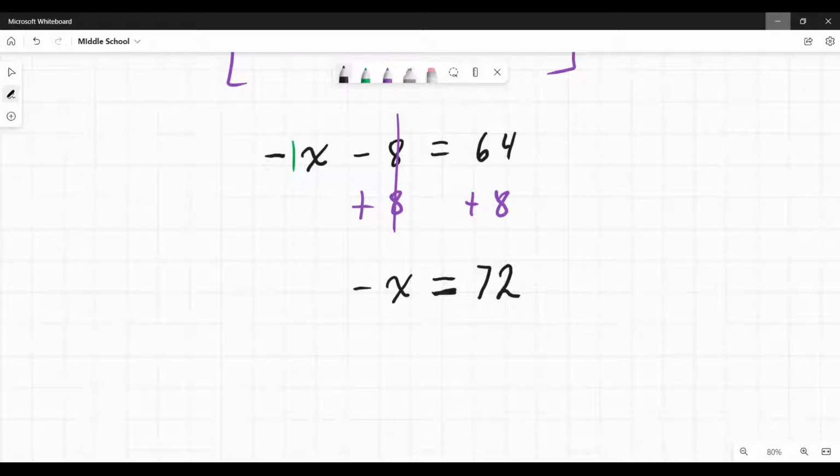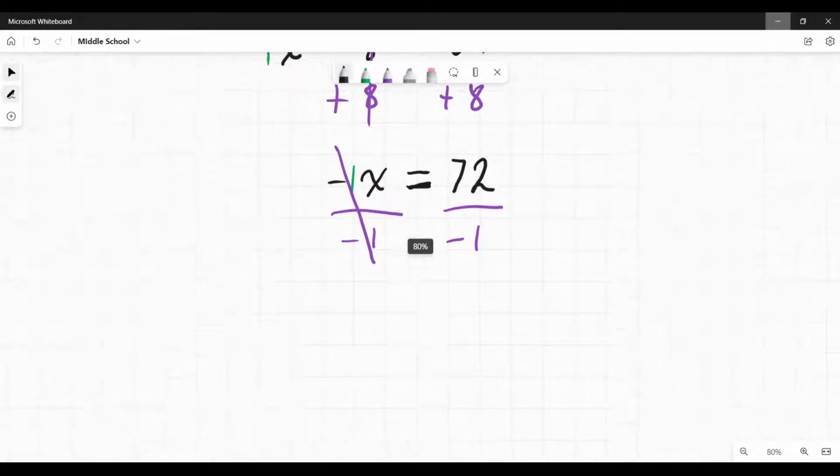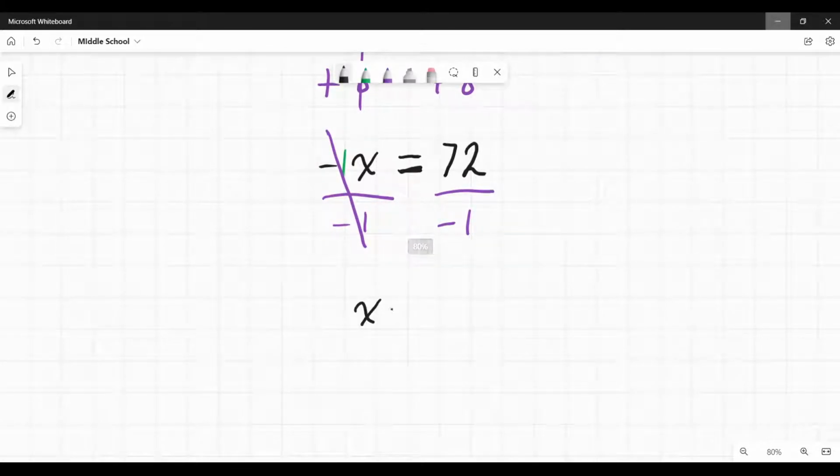We got to do one more thing. Divide by negative 1, right? So x equals negative 72.